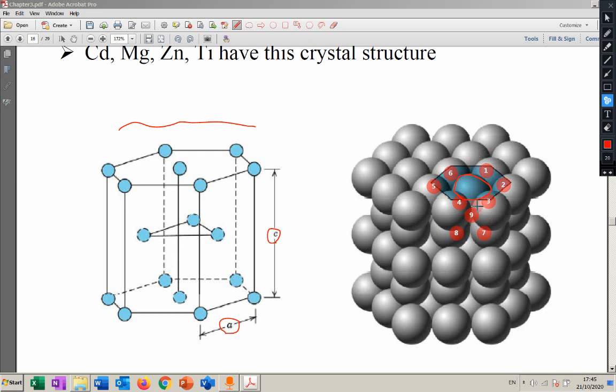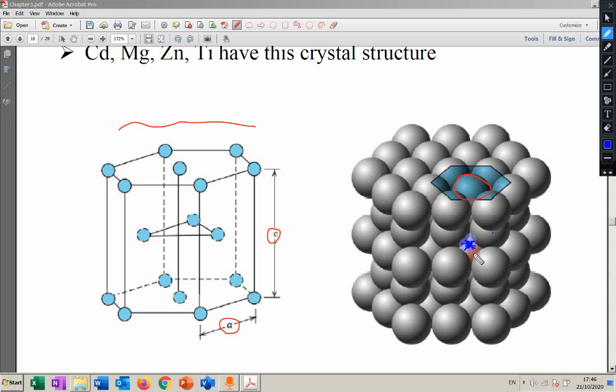So if I take this guy here, he will touch 12. 6 will be at the top of it, 6 will be at the bottom. So 6 and 6 will be 12, the coordination number.